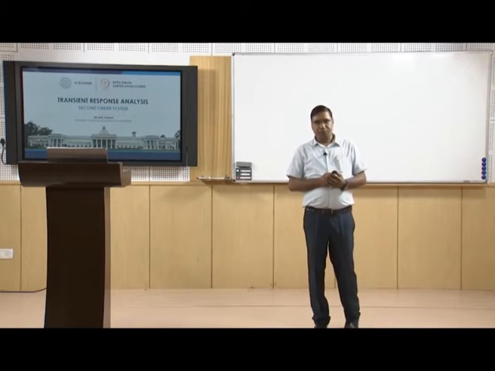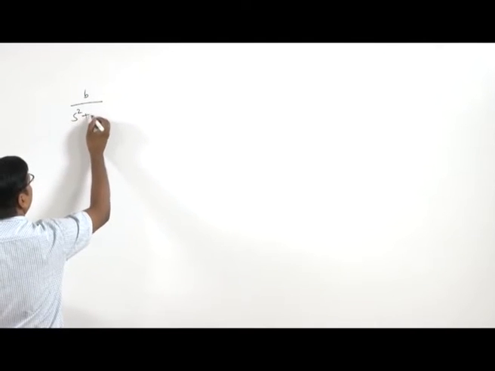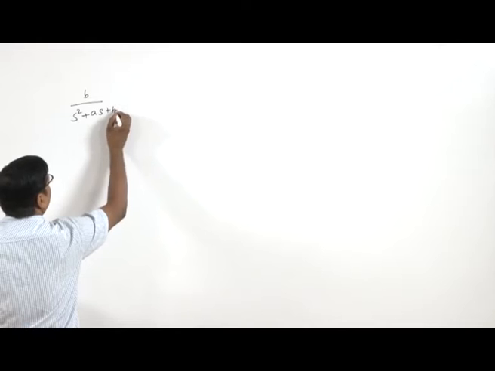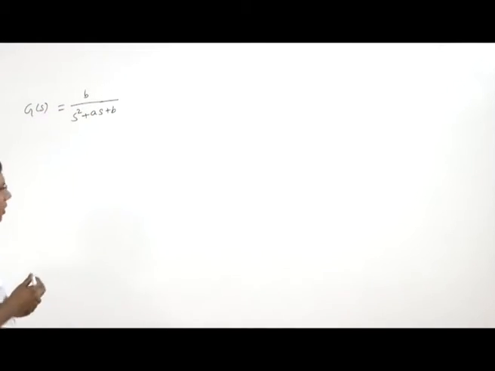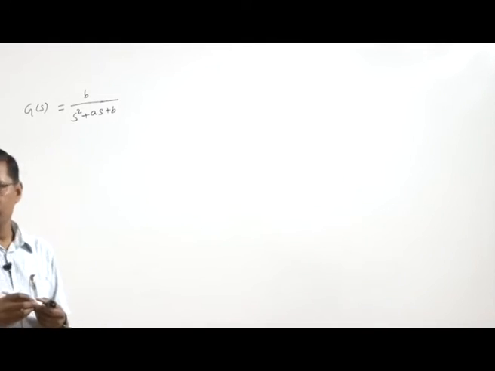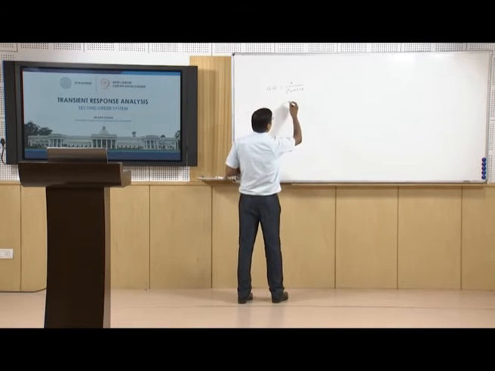So if the transfer function is like this, b upon s square plus a s plus b, this type of system can be a second order system.